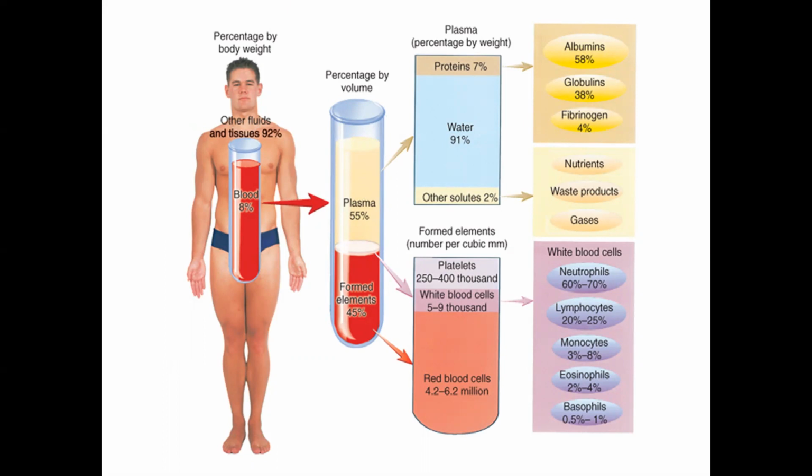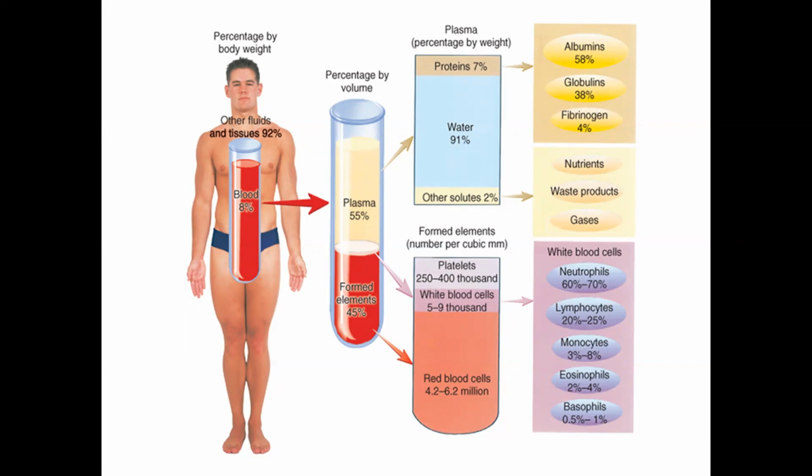Of the form elements, we have white blood cells, which is called the buffy coat here. We have the platelets, and we have the red blood cells. And if you see the percentage in this diagram, the red blood cells form the majority of the clotted portion of the blood itself.